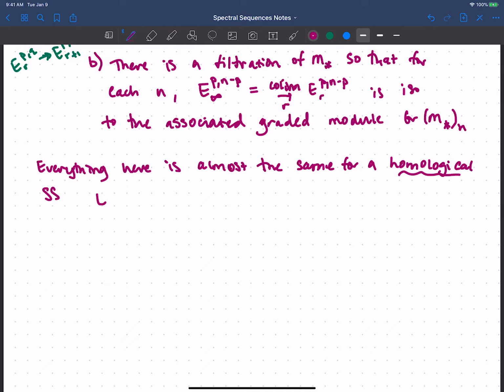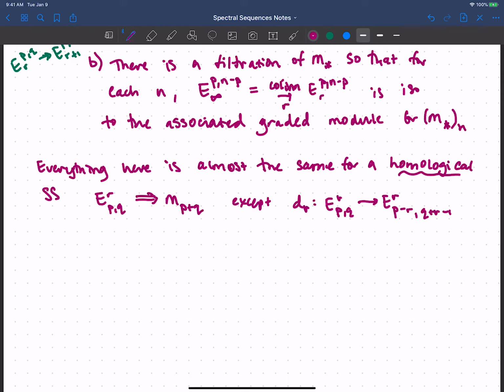Well, what would that look like? We'd have some E^r_{p,q}. We usually put the bidegrees downstairs for the homological situation, and we just say that this converges to some M_{p+q}, and now we need our differential to have a different degree. So this is going to go from the (p,q)th spot on the r page to now it's the (p minus r, q plus r minus 1) spot.